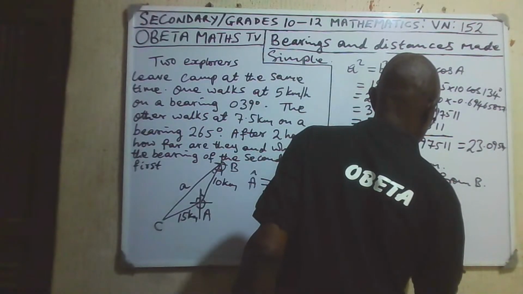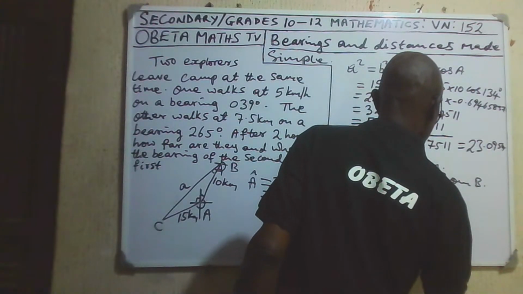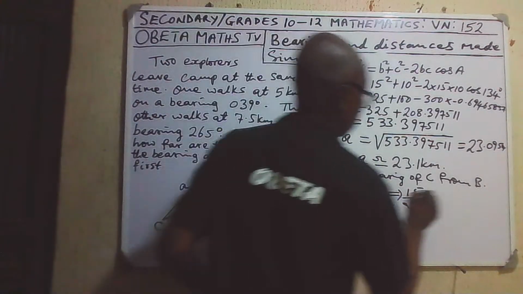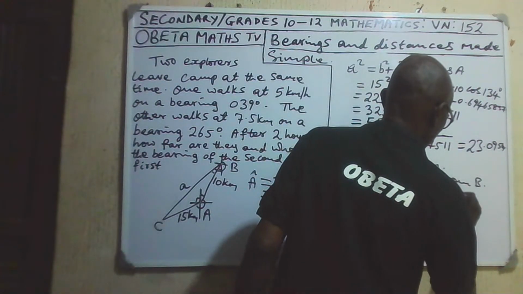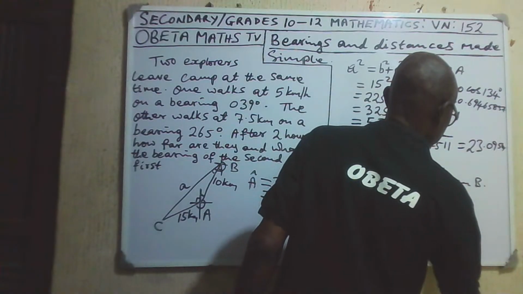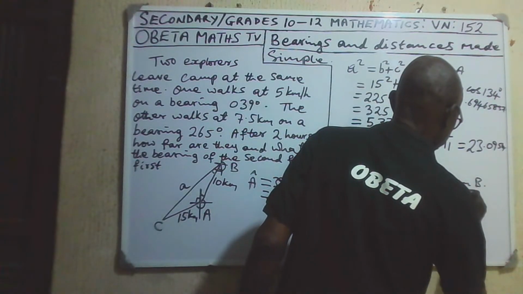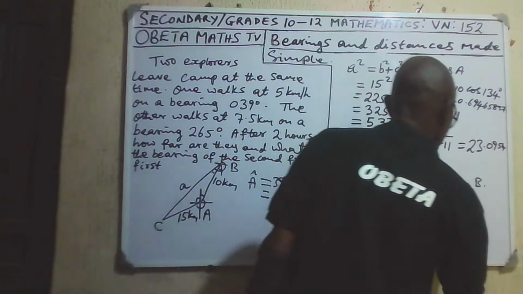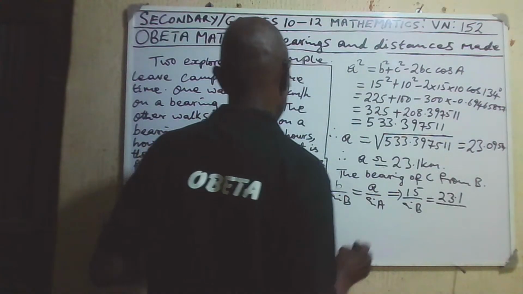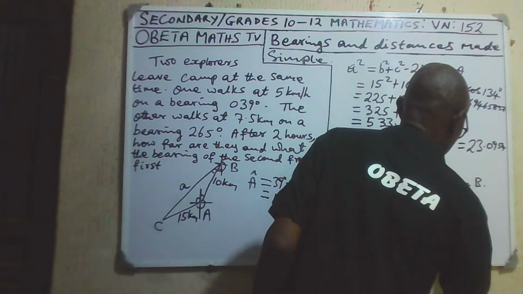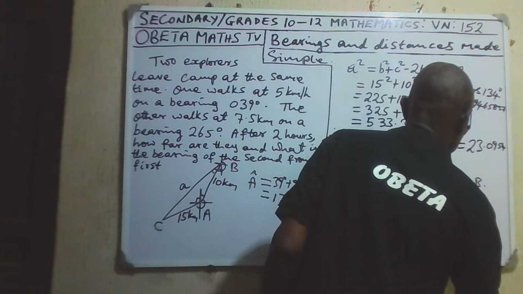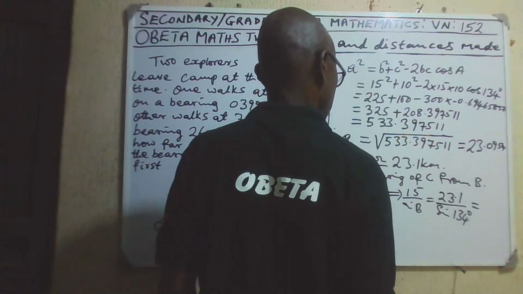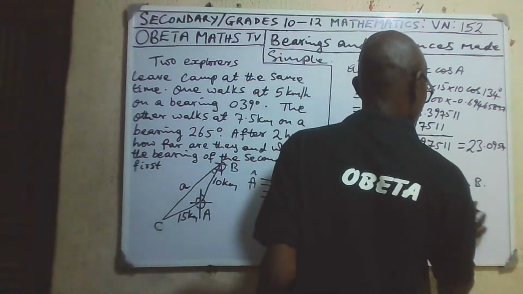So 15 over sine B is equal to our a, which we have calculated to be 23.1, all over sine 134 degrees. Okay, you cross multiply now.